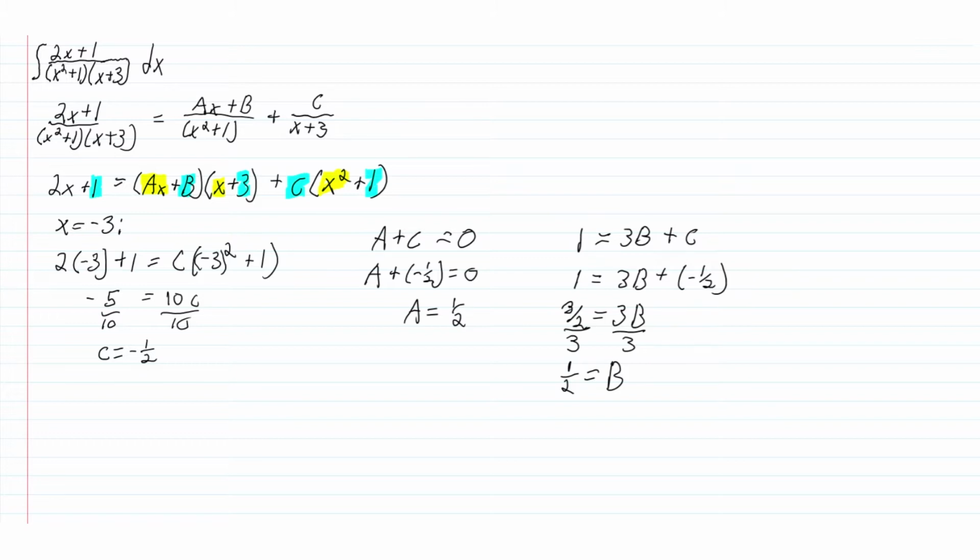Now that we've solved all of that, we can go back to integrating. We can write out our integral of 1/2 x plus 1/2, all divided by x squared plus 1, dx, plus the integral of negative 1/2.